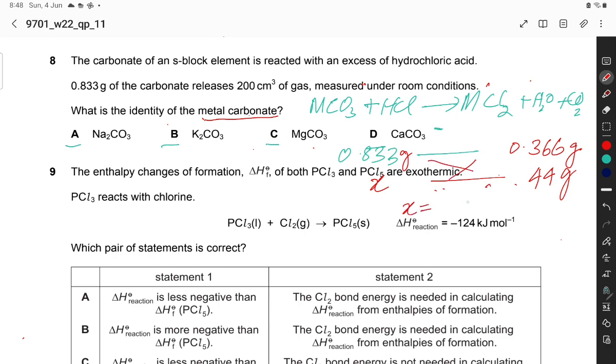X is equal to 0.833 into 44 divided by 0.366, is equal to 100.